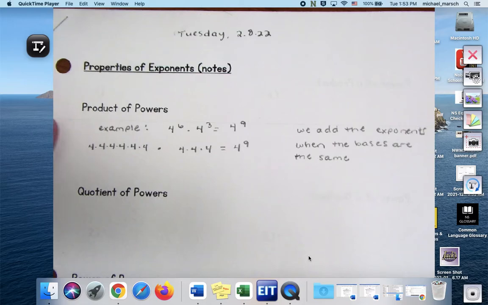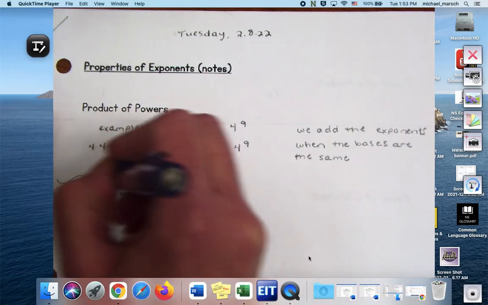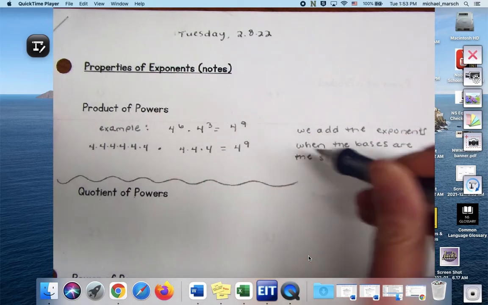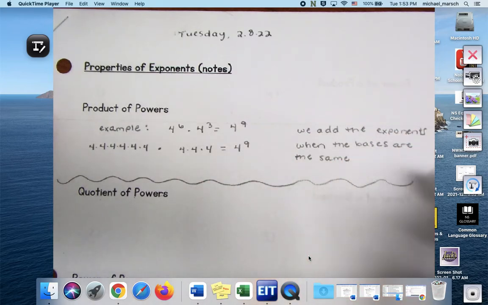Oh, we'll get there. Because the next one is quotient of powers. What is quotient? Division, right? I'm going to draw a little squiggly here so that these different examples don't get mixed up.